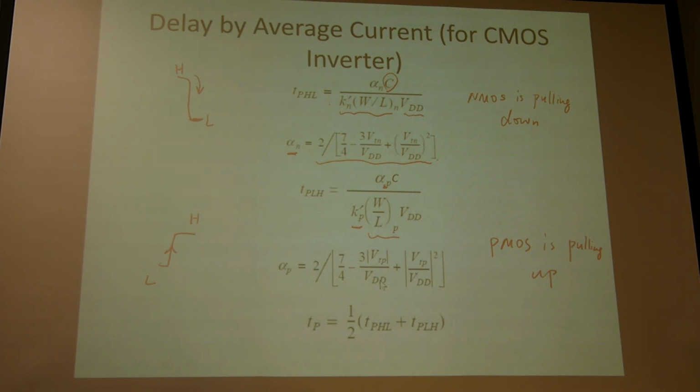And later, after you get TPHL and TPLH, you can get the average delay, TP, which is the average of those two. So this is the approach of using this average current. So any questions?